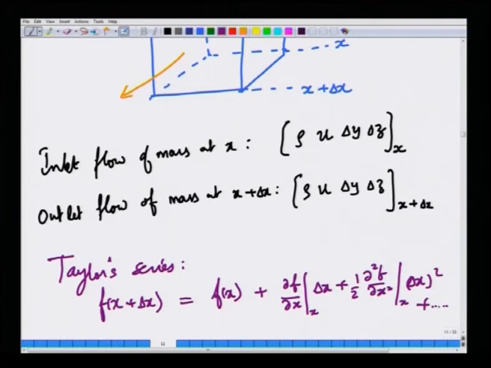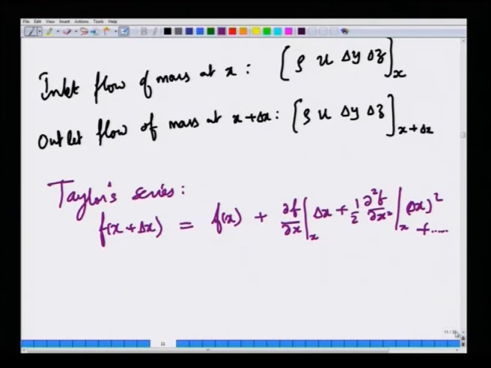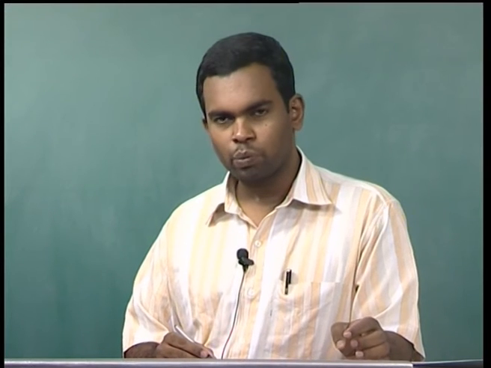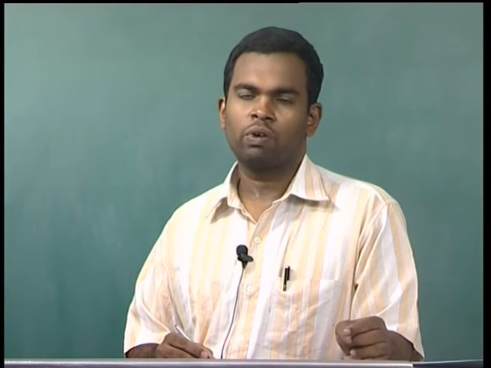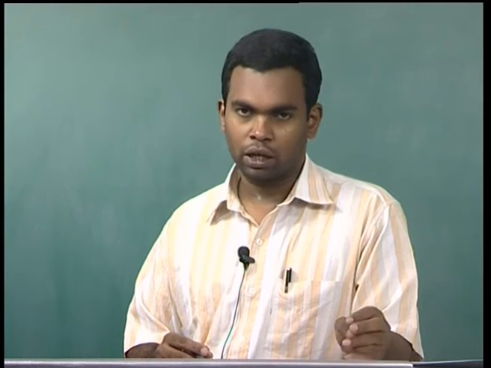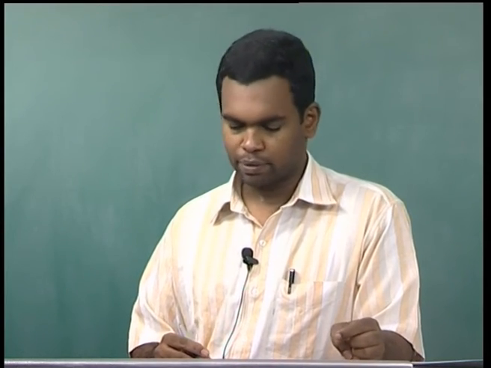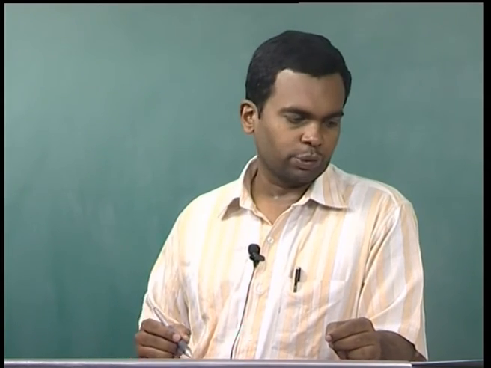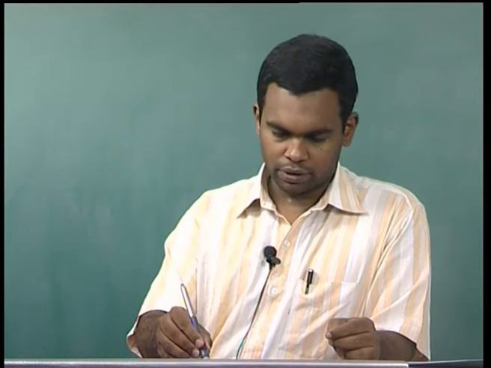So it is an approximation, it is called the Taylor series approximation, wherein you can construct the value of the function at a neighboring point using the known value of the function, its derivatives at an original point, okay, x. So we are going to apply Taylor series expansion at phase x.